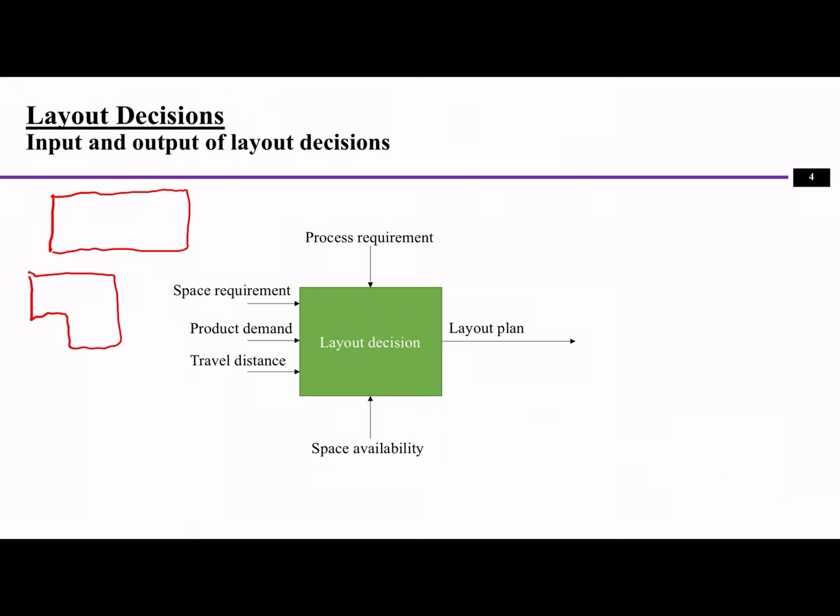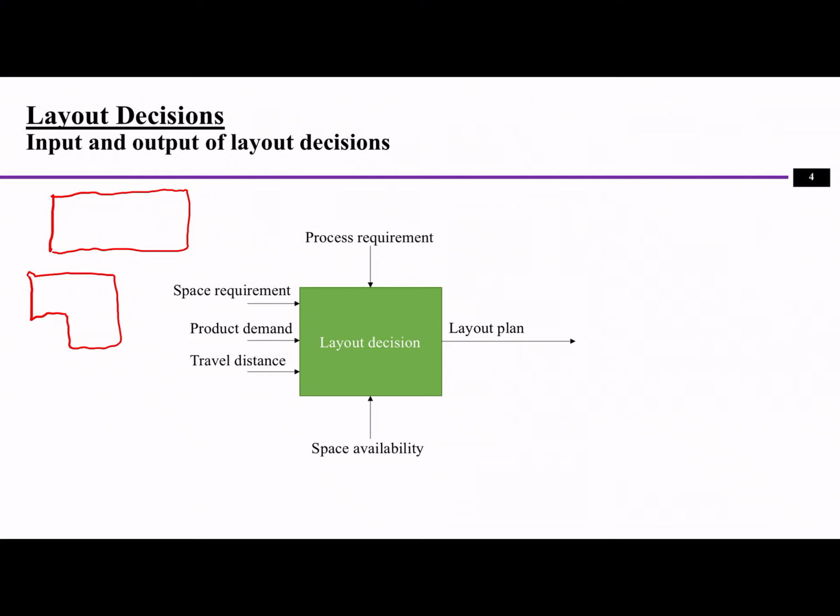In this case, you will have to think about, with this kind of shape of space, where you want to have the entrance, where you want to have your exit, as well as how you want to plan out all the transportation and flows in a different shape.